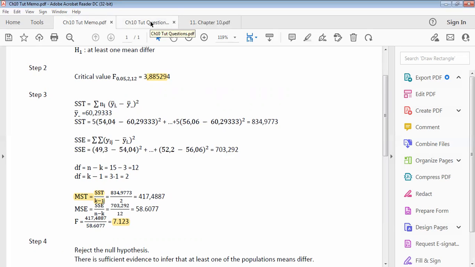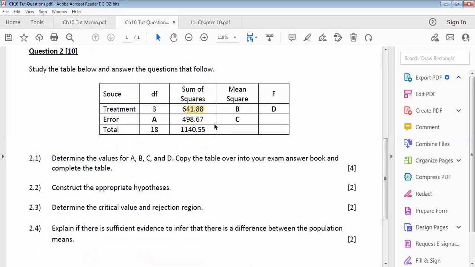MST is SST over K minus 1. Here you have SST is this one. So you just have to know what K is. They give you K here as 3. So it's going to be this divided by 3 minus 1.